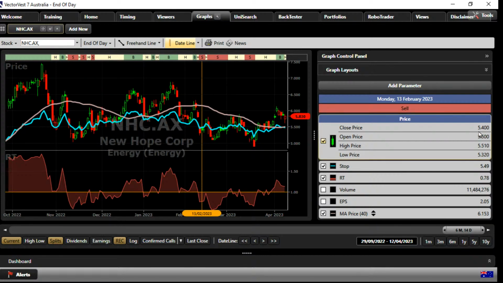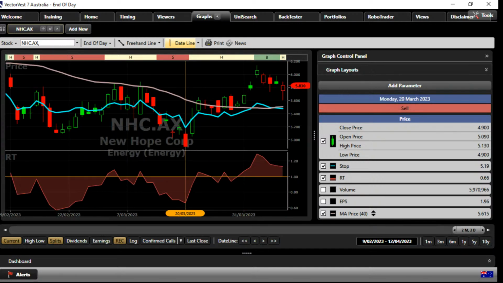At $5.40, and it continued to slide down all the way to $4.90, so well done VectorVest, keeping us on the right side of the market. But look at this, starting to pick up again. Technicals above 1, share price breaking above the stop line and the 40-day moving average that we calculate each and every day.